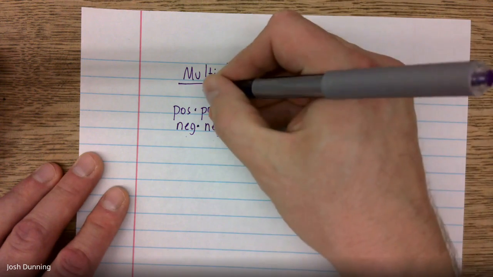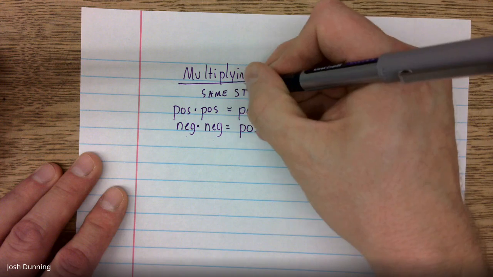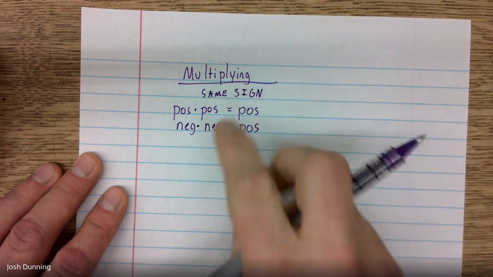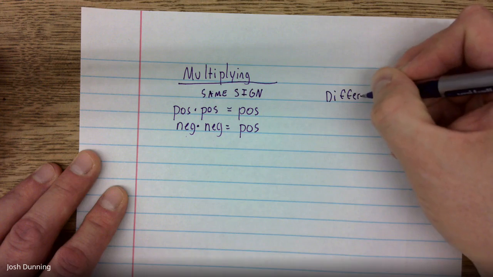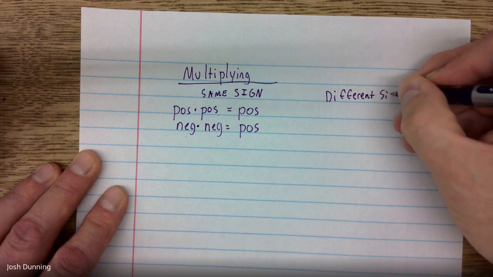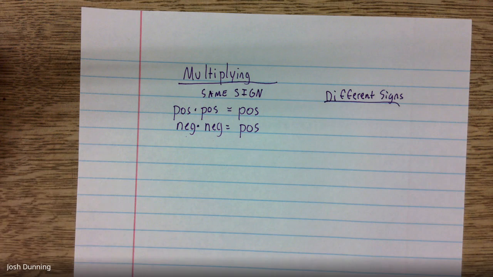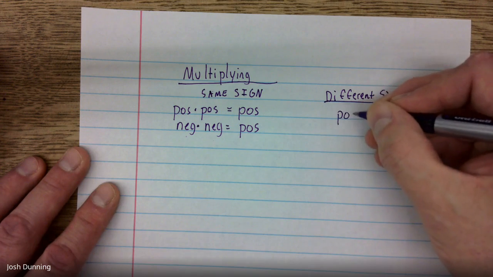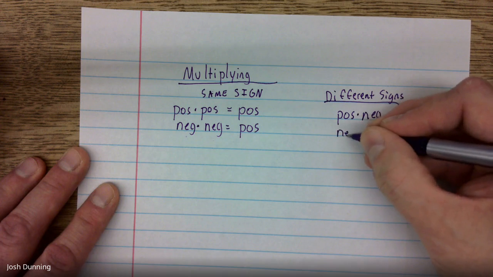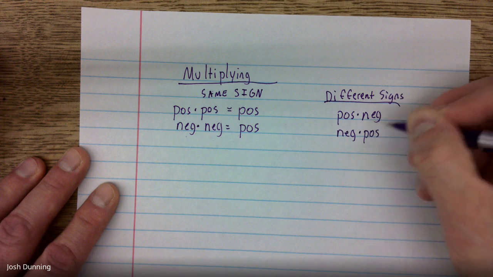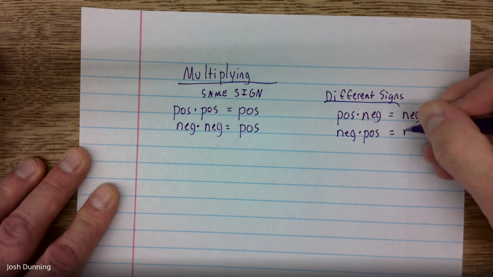These are both the same sign. If you have different signs, we just saw, if you have a positive times a negative or a negative times a positive, you get negatives.